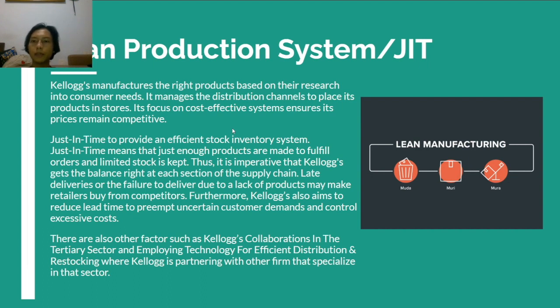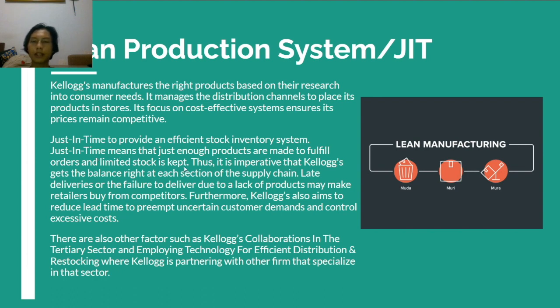Just in time, or JIT, provides an efficient stock inventory system. JIT means that enough products are made to fulfill orders and limited stock is kept, and thus it is imperative that Kellogg gets the balance right at each section of the supply chain. So it will get exactly the amount of product needed.